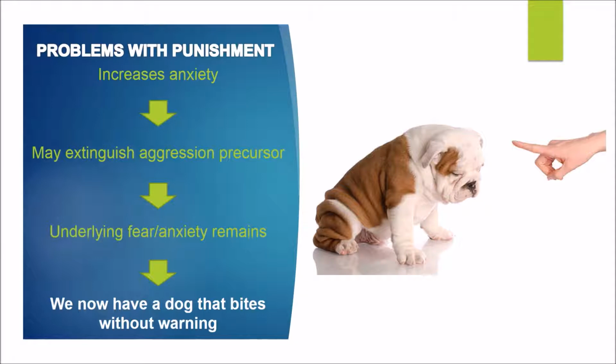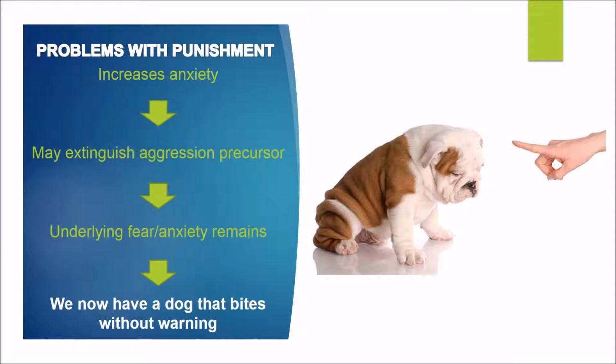So the example I use here is little Fluffy comes to the vet clinic and is a little bit worried about seeing the vet. So sitting in the reception area, showing some yellow zone signals, so lip licking, cowering, and then what happens is the vet actually approaches. So the trigger is worse now, the vet's near, so little Fluffy starts to growl.